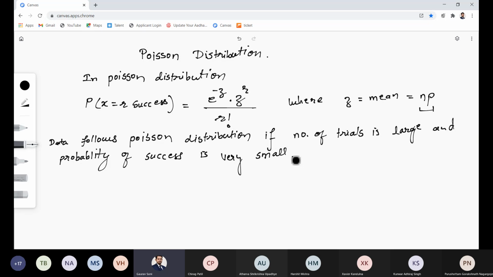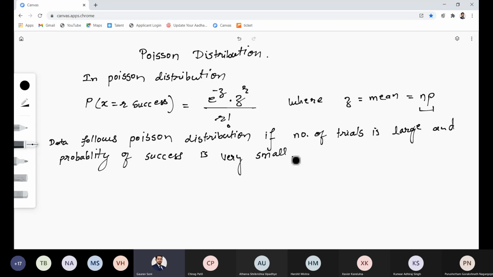Look, we started with binomial distribution where we said that there are only two choices: either there is success or there is failure. Poisson distribution is also for the same case where you have only two choices, success and failure. But which is better? How do we decide which distribution is better for my data?